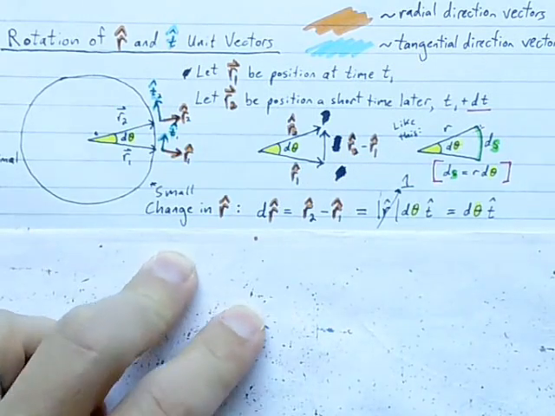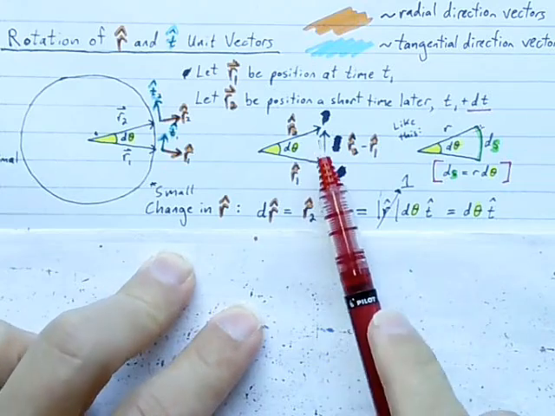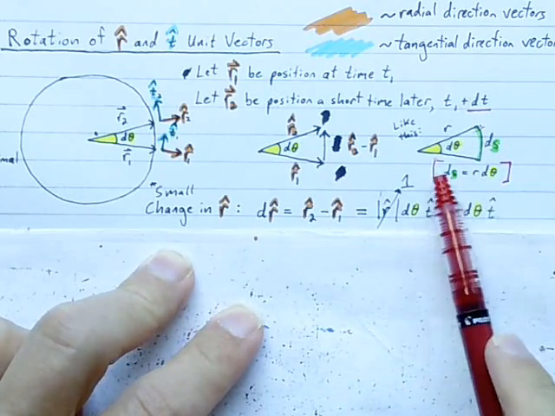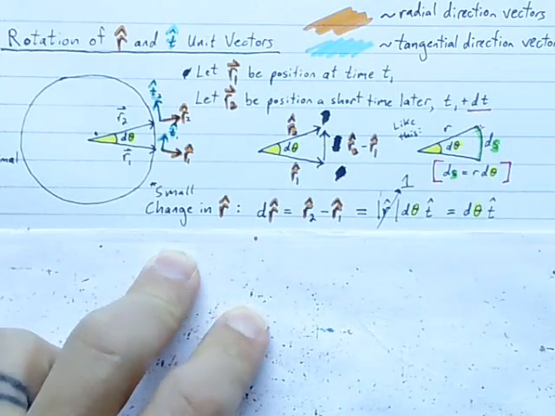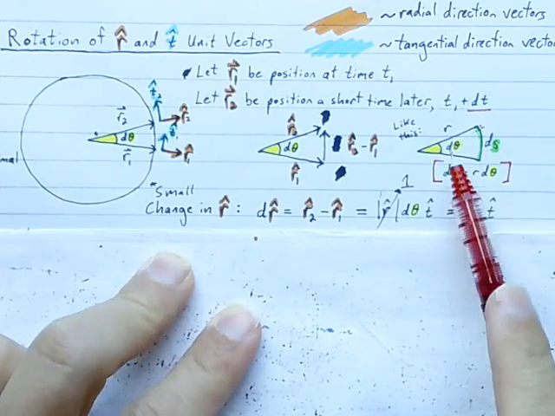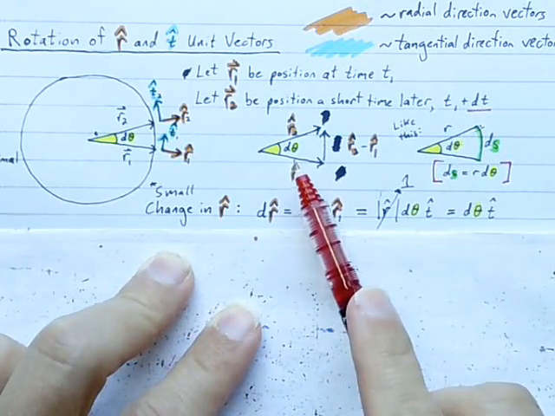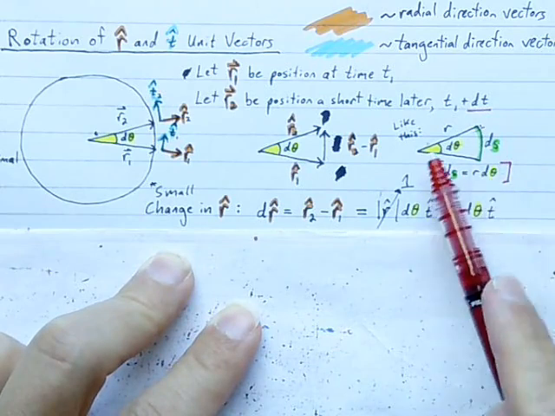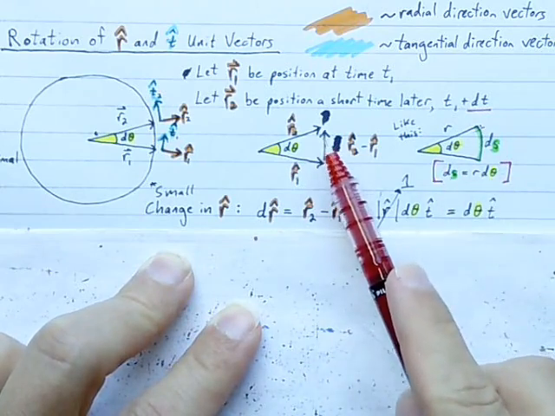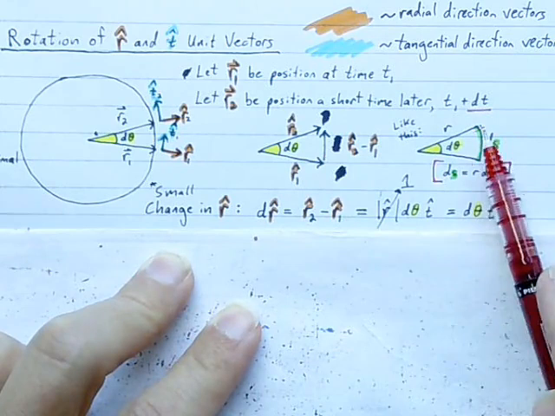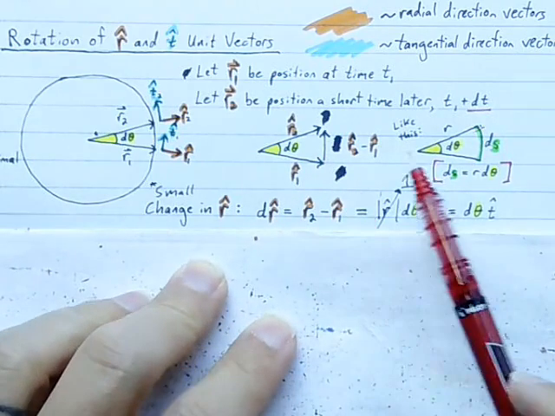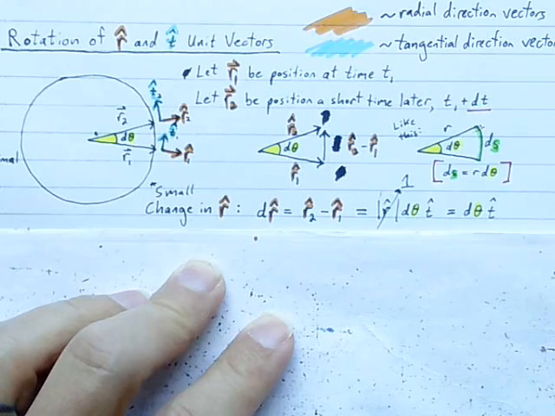Okay, now here comes the key analogy. I've got this tiny triangle here, and also this tiny slice of our circle here. My argument is that if d theta is infinitesimally small, then this little slice of a circle and this very thin little triangle here will be very nearly similar triangles to one another.